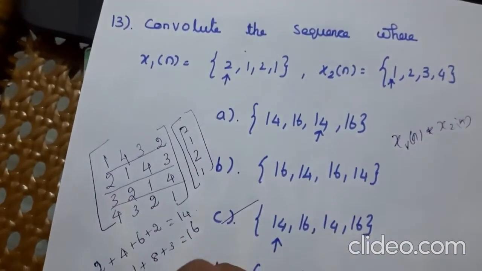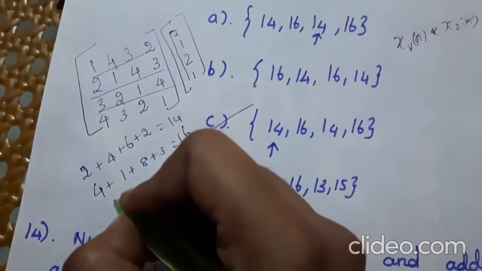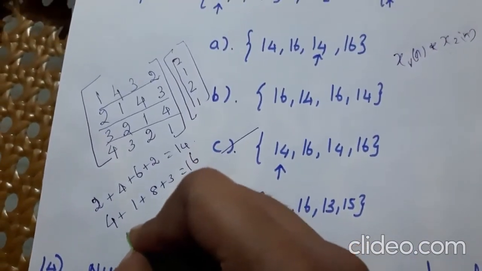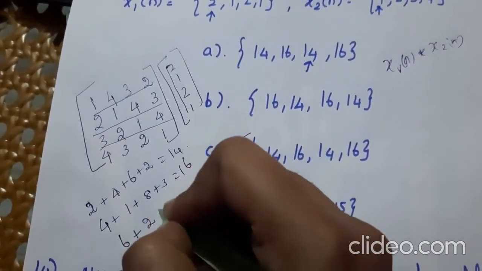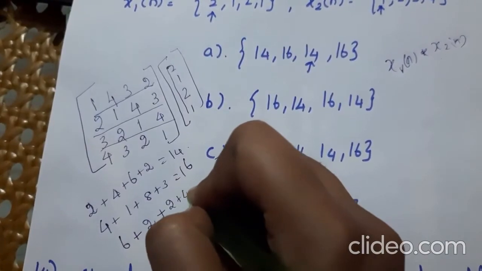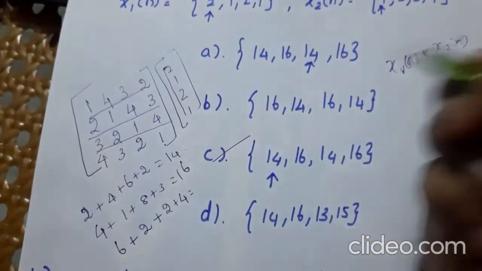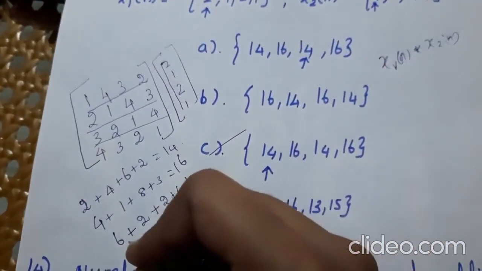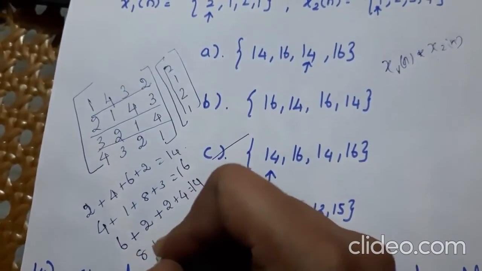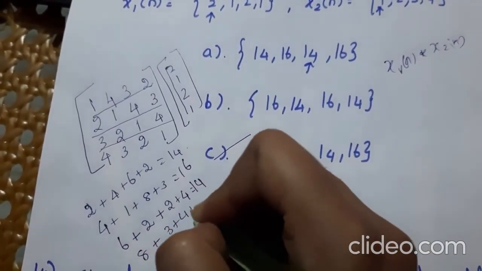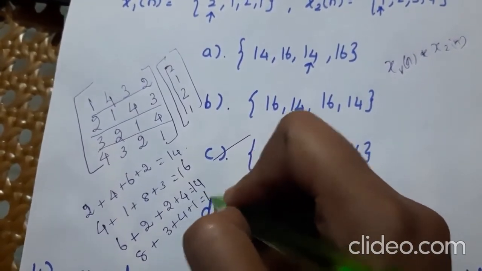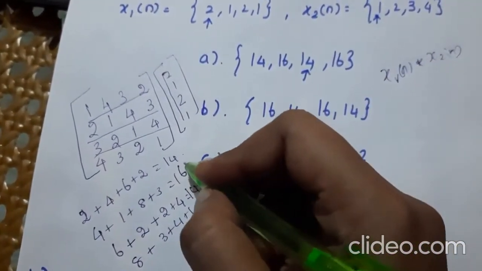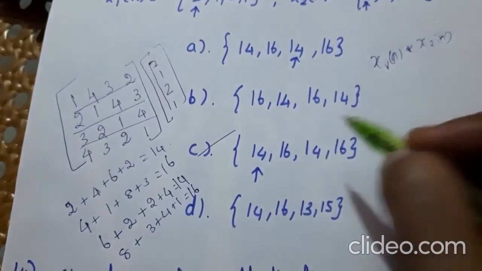Third one, 6 plus 2 plus 2 plus 4, that is equal to 14. Final one, 8 plus 3 plus 4 plus 1, that is 16. So the sequence is 14, 16, 14, 16.